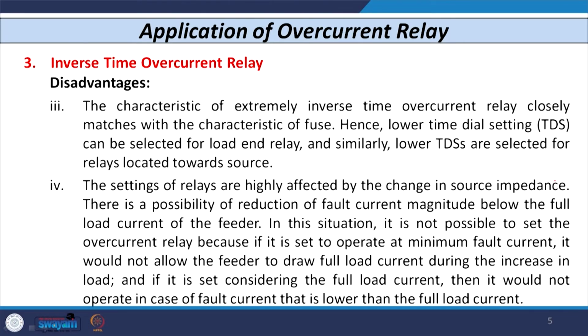The third disadvantage of inverse time overcurrent relay: whenever we want to decide the characteristic of the relay, its characteristic should exactly match the characteristic of the particular protective device connected near the load.